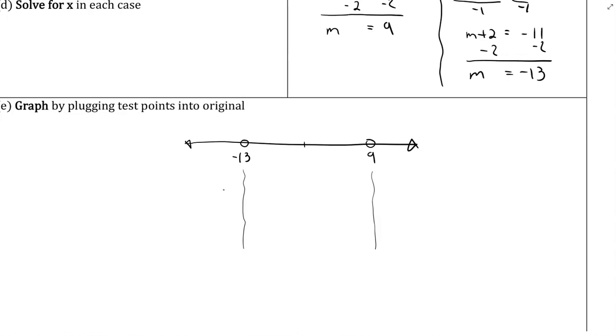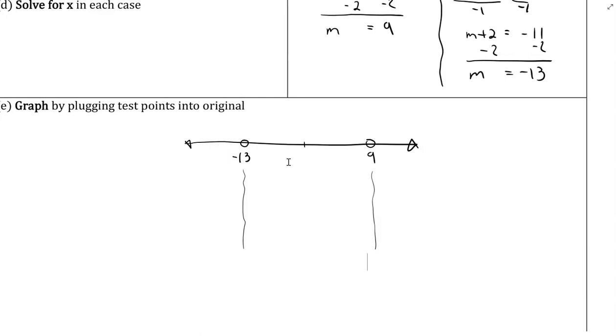And because we are actually dealing with an absolute value inequality, what's going to happen is if one of the points in these sections is true, then all the points in this section are going to be true. So what we can do to solve this inequality is we're going to take any point in the section and then we'll plug it into the original problem and see whether it's true or false. If it's true, then we'll shade that section in. If it's false, we'll leave that section alone.